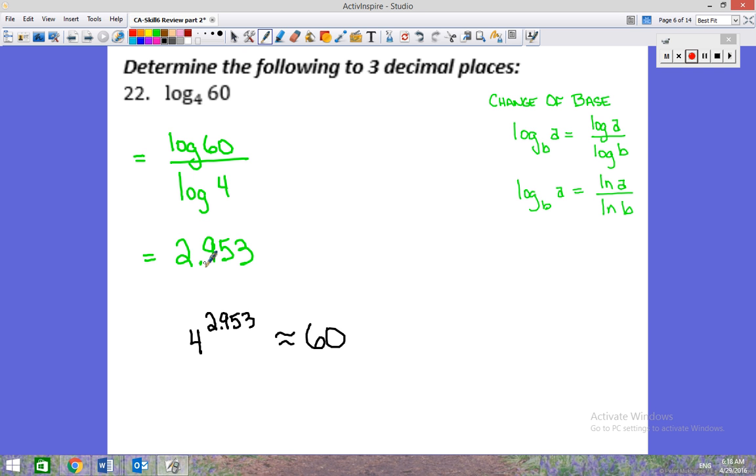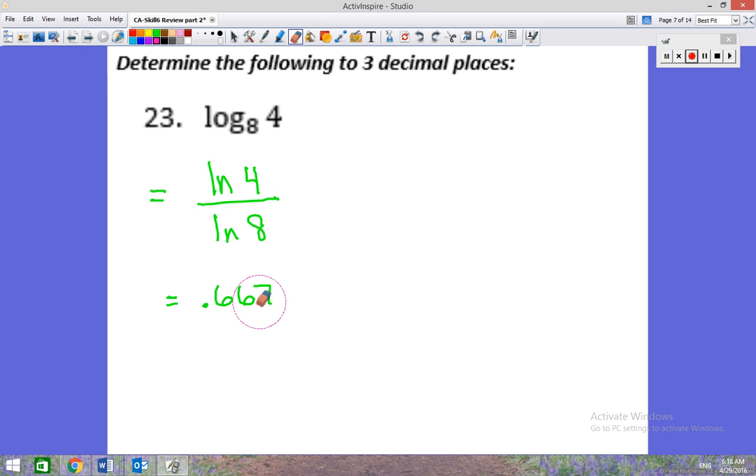Take 4 and raise it to the 2.953, and I'm getting, to 3 decimals, 59.963. If I would have carried this out more than 3 decimals, this number would get closer and closer to 60.